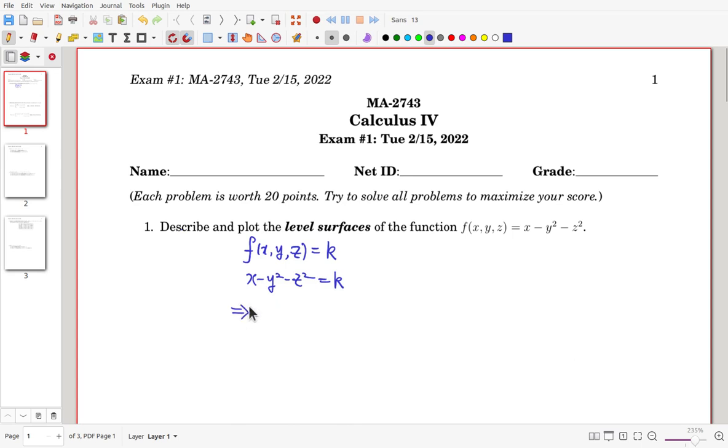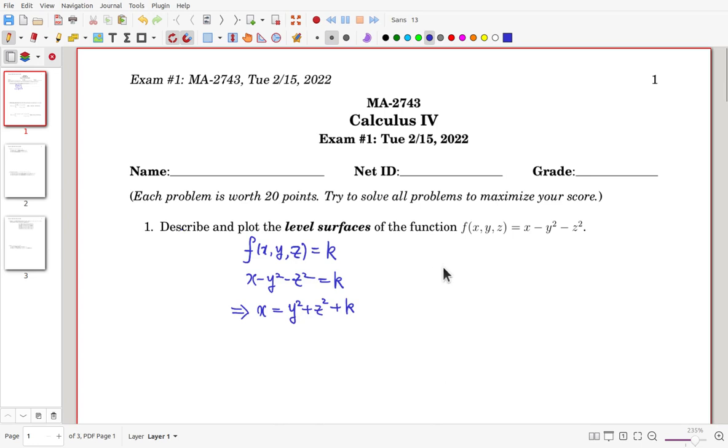We can rearrange it: x equals y squared plus z squared plus k. Now we can see that the surface must be a paraboloid in the x direction.